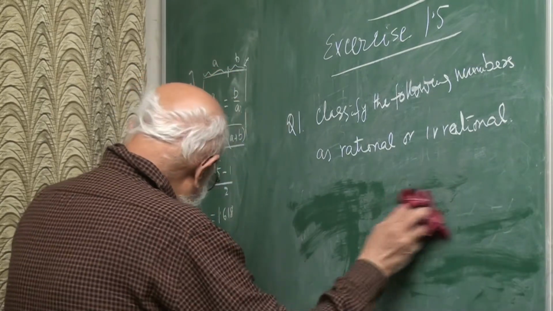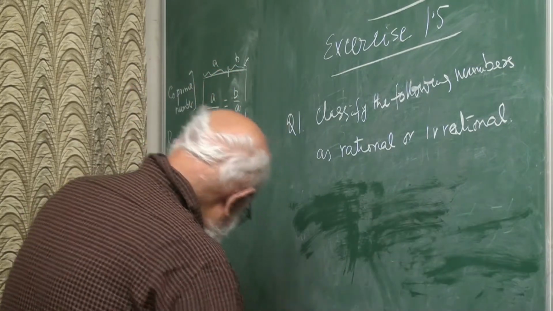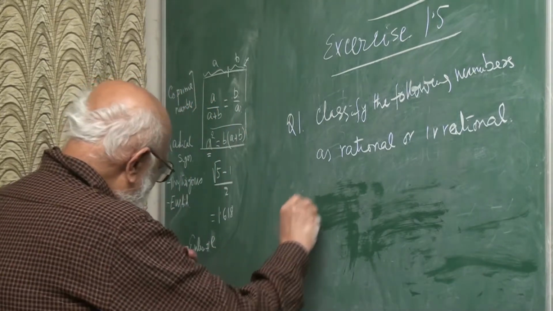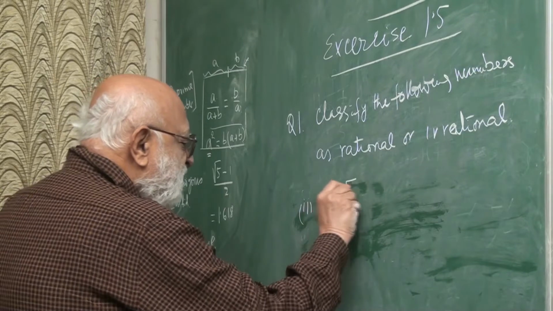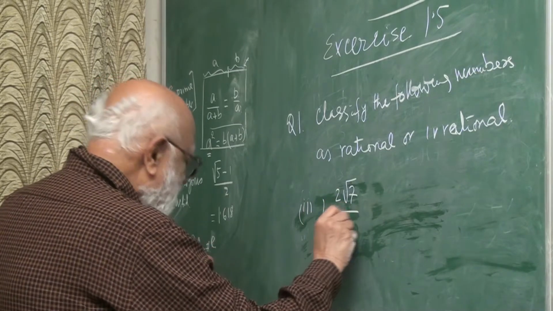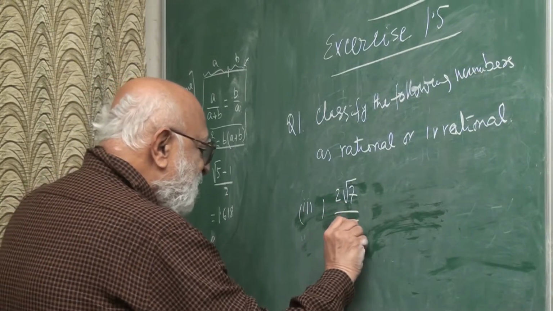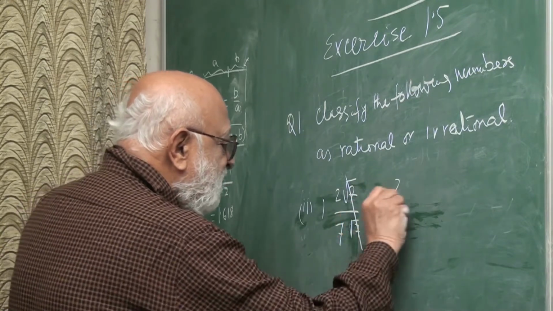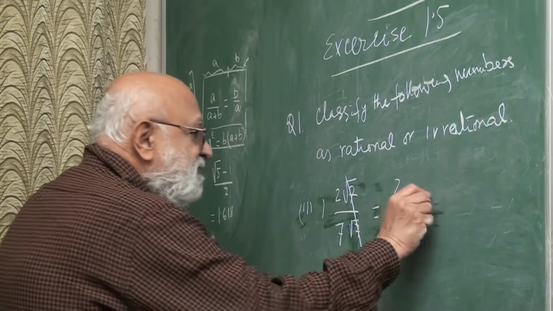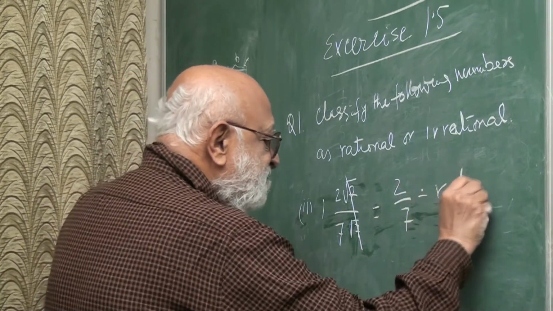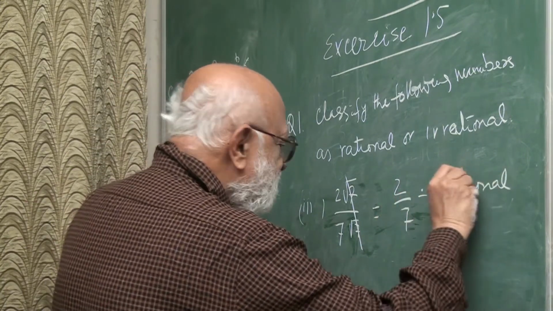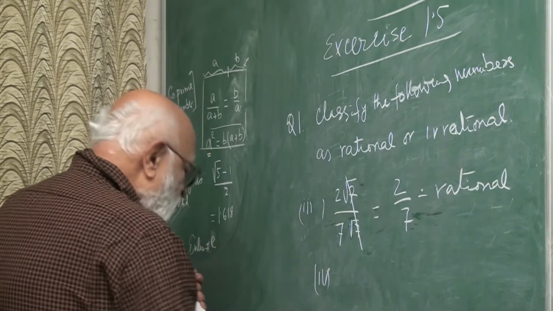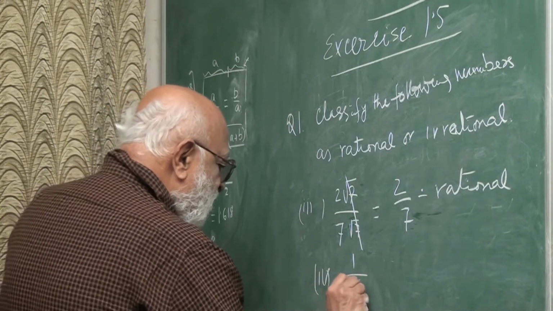Now we are going to go to the third one. Third one is again 2 root of 7 divided by 7 root 7. So these two cancel and that will give 2 by 7, which is rational. Okay, fourth one, 1 upon root 2.